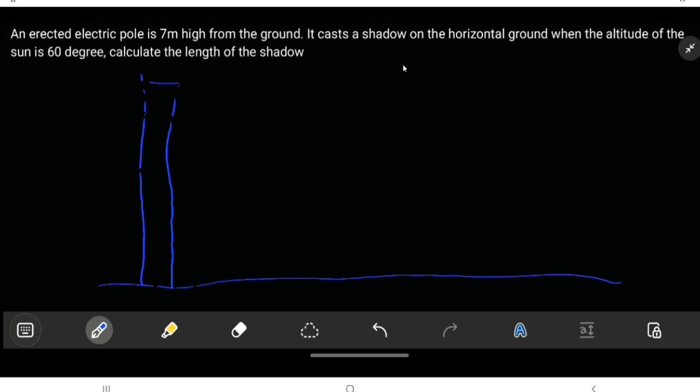It casts a shadow on the horizontal ground, so this is the shadow of the pole. Here is the altitude of the sun, which is 60 degrees.